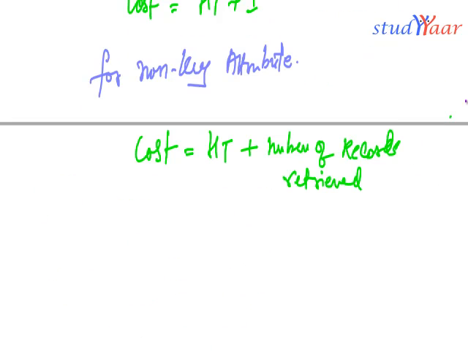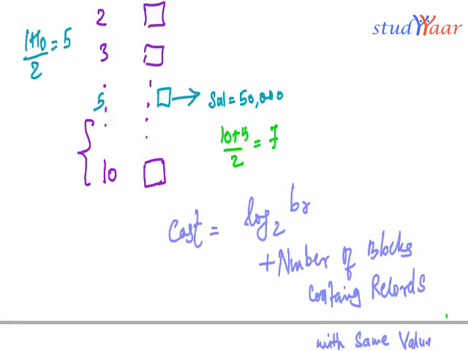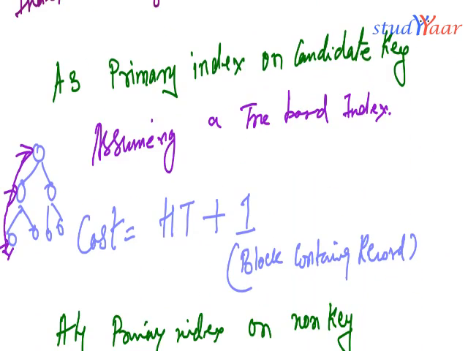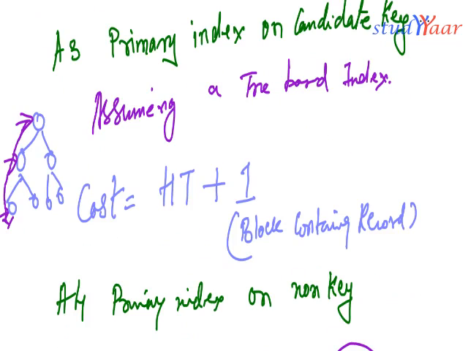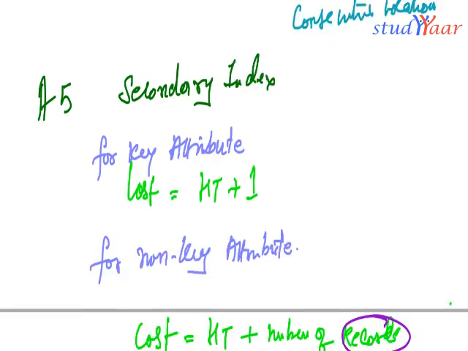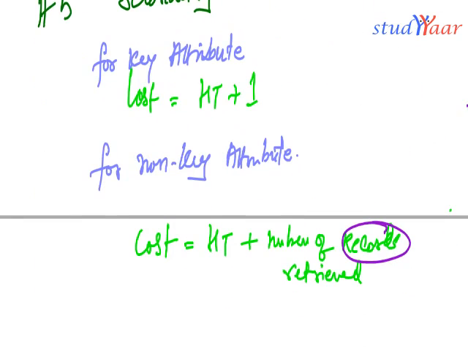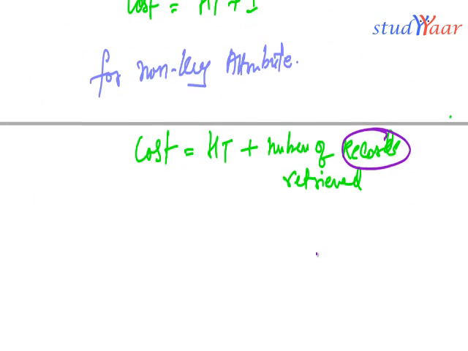Why? Because here I have a primary index and all the records having the same value would lie in contiguous blocks. While this is a secondary index, it is not sorted with respect to this particular attribute whose value is being searched, so the records can lie anywhere. In the worst condition, every record can lie in a separate block. In that case, for each record fetch I have to make a block read.